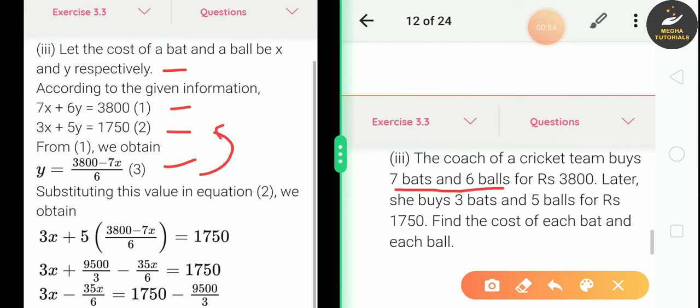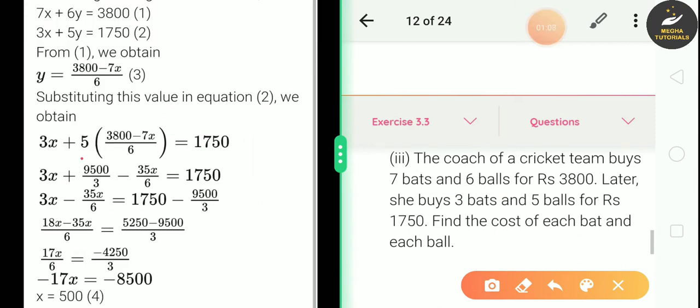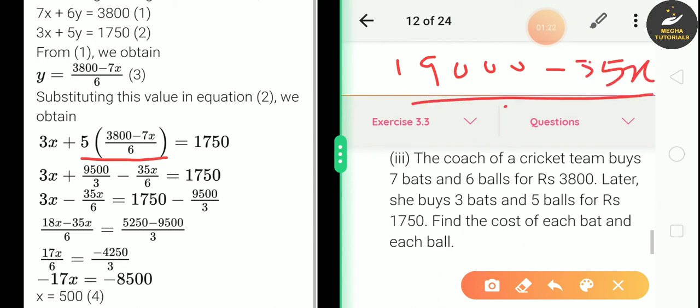Then put this value in equation 2 in place of y. So we'll get 3x plus 5 into (3800 minus 7x) upon 6 is equal to 1750. So focus on this bracket. If you multiply 5 inside the bracket, you will get (19,000 minus 35x) upon 6. 3800 into 5 is 19,000.